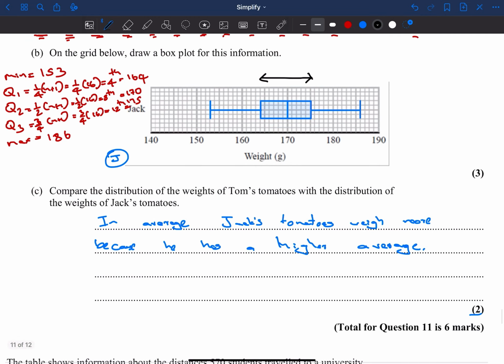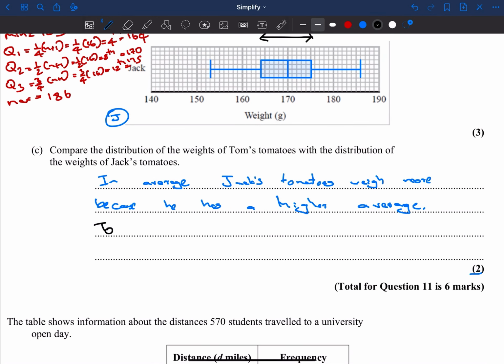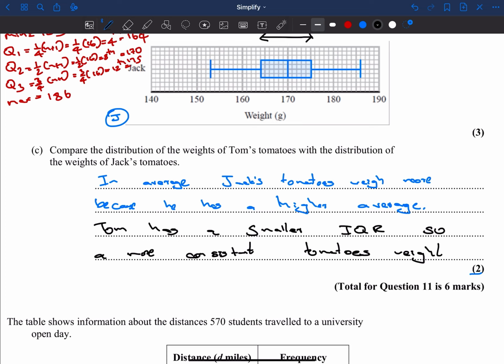So Tom has a smaller IQR, interquartile range, so a more consistent tomato weight. Okay.